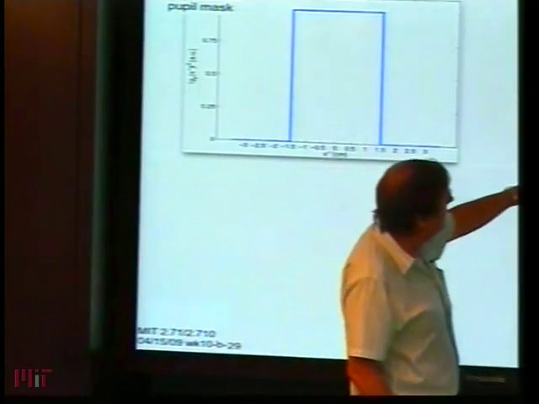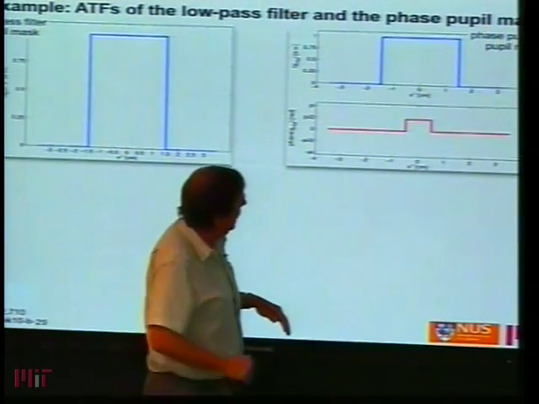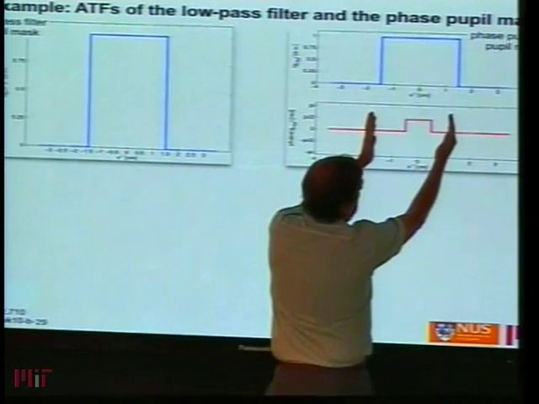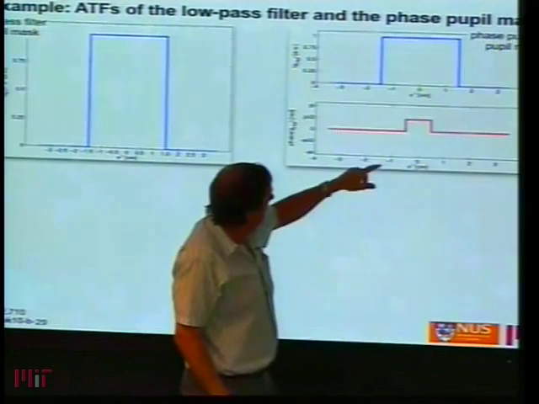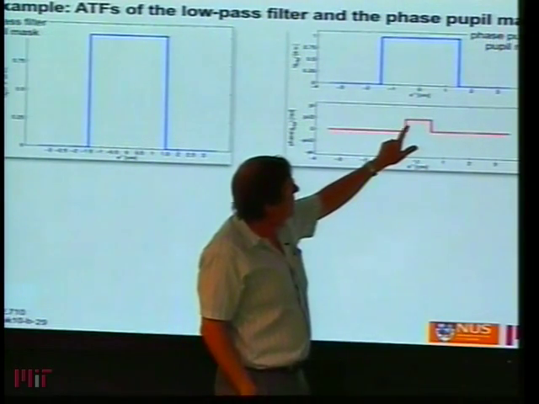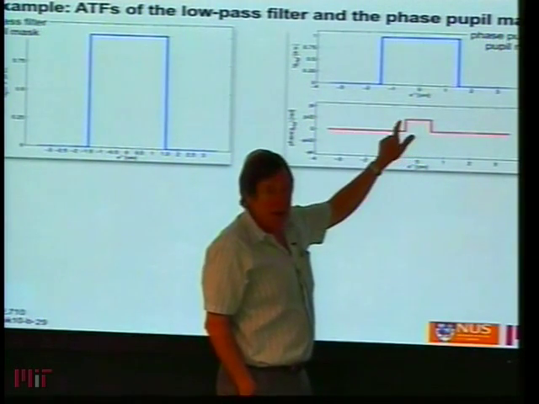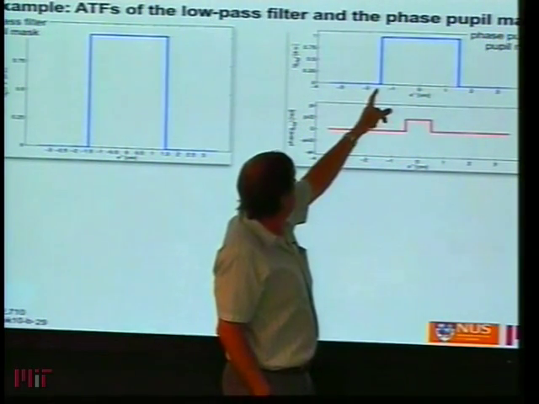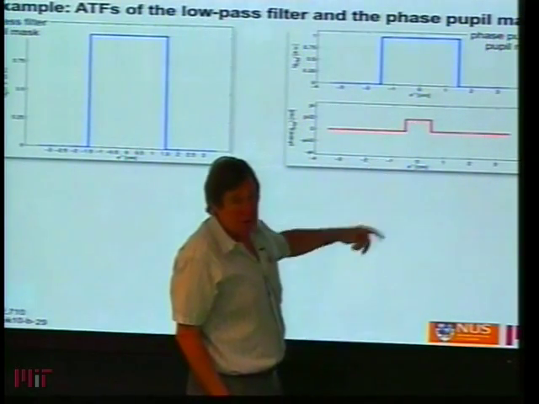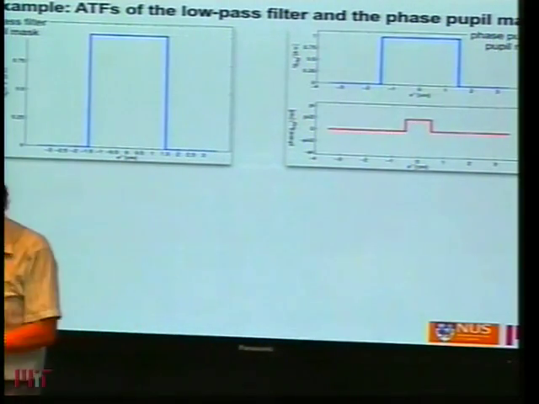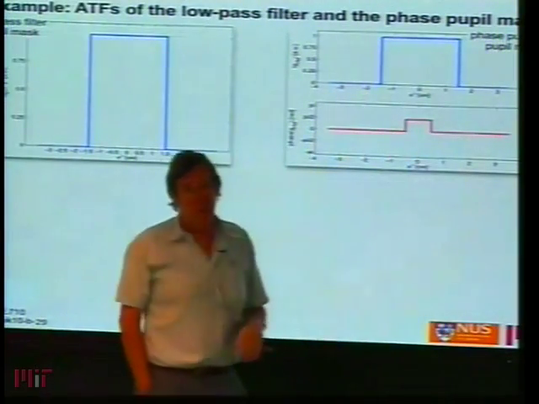And this was a phase filter we looked at before, where we only let through the spatial frequencies within this region, but also within that region, we change the relative phase of the components. So you can think of this as being the modulus of the filter. This is the phase of the filter, right? And outside here, of course, it's 0 anyway.